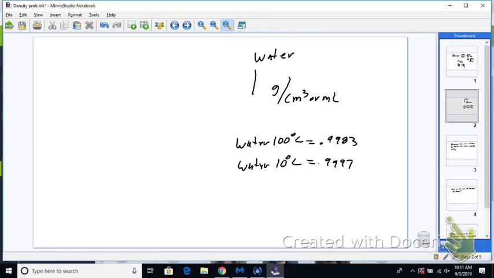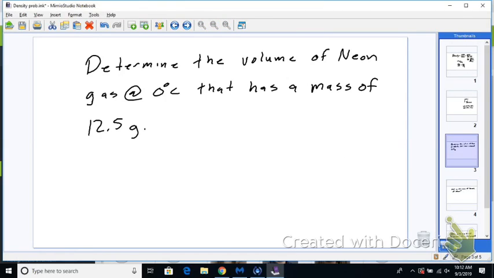Okay. So we're going to do a couple problems. The first one, all of these, I'm just going to give you the problem, and the data is on page 55. So this is your background information on 55. Okay? And you know the equation. So I'm going to give you the first problem, and I want you to go ahead and solve for that problem. We're looking for volume of neon.